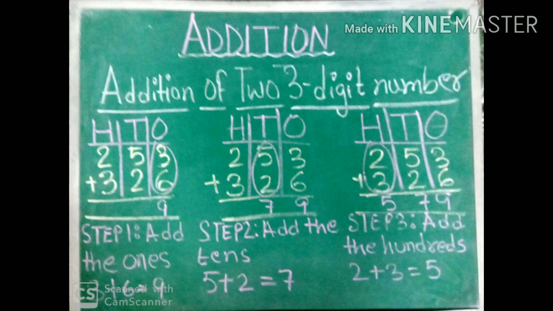Step number 3. Add the hundreds. 2 plus 3 gives us 5. So, by adding 253 plus 326, we get 579.